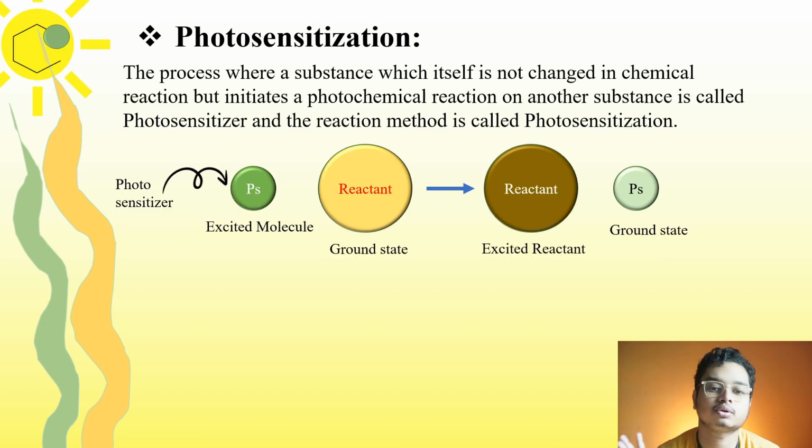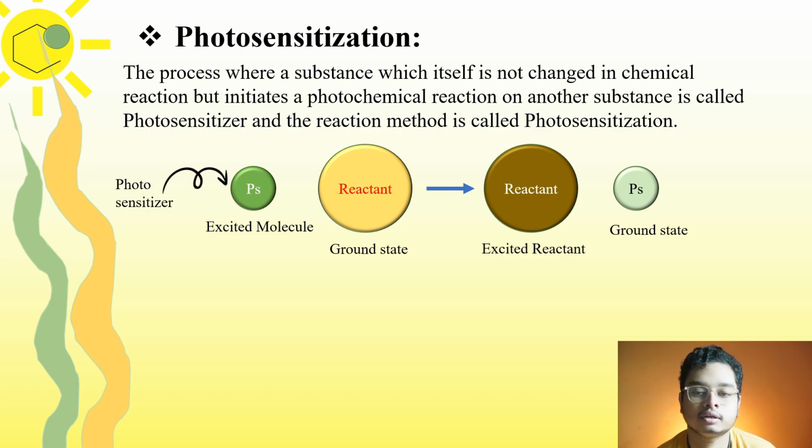Now what is photosensitization? Suppose your reactant molecule is unable to capture the energy of the electromagnetic radiation that is irradiated on it, so it will not show any kind of photochemical reaction.